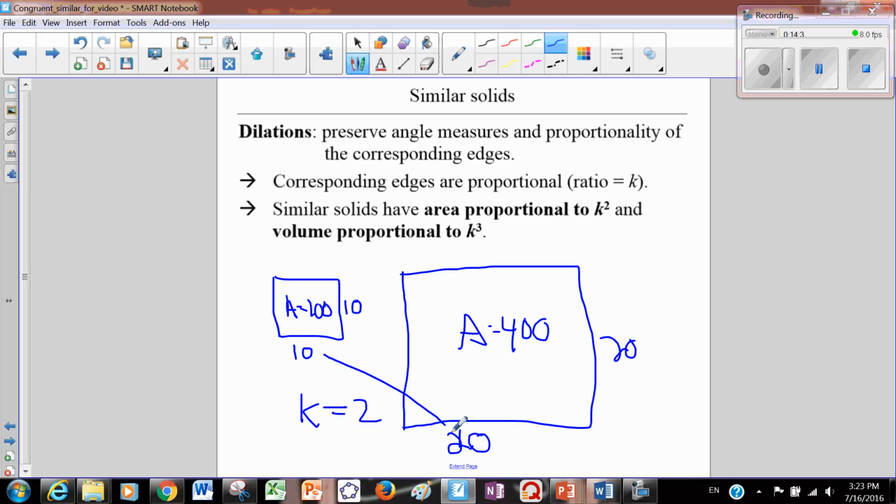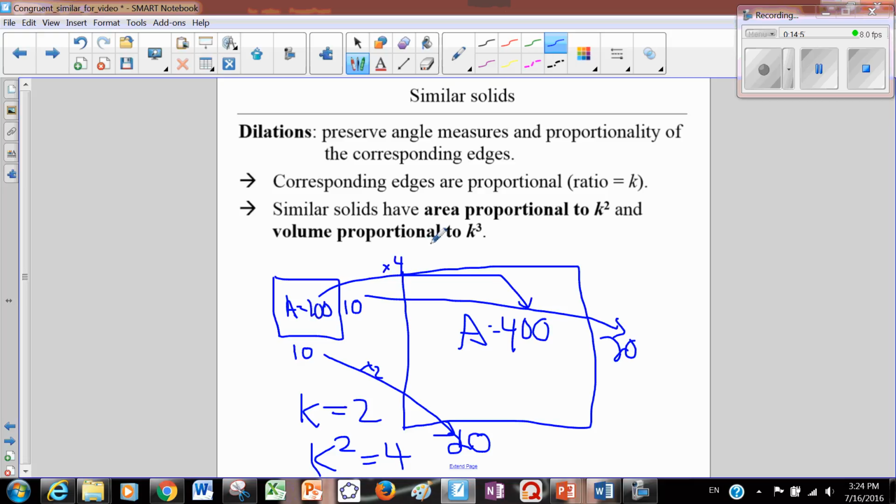Well, this side here is twice bigger, but this side here also is twice bigger. So then your K squared is going to be equal to 4. When we do the area, it's going to be 4 times bigger. Okay, so the side we do times 2, but the area we do times 2 squared, which is 4.